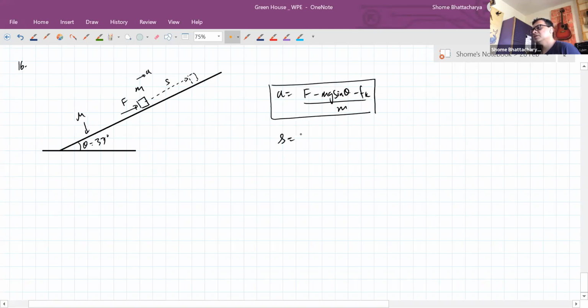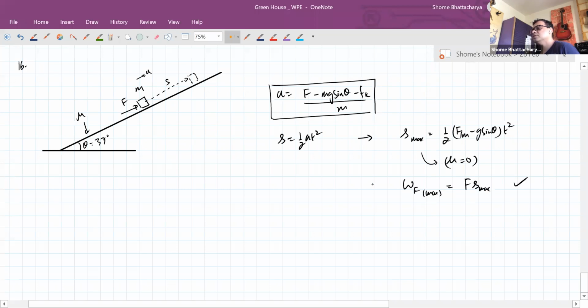So the displacement is equal to half a t square. So you can see that the displacement's maximum possible value is going to be half, F by m minus g sine theta, into t square. That is for mu tending to 0. So the work done by F's maximum possible value will be equal to F into S maximum. So that's how you'll get the first part.